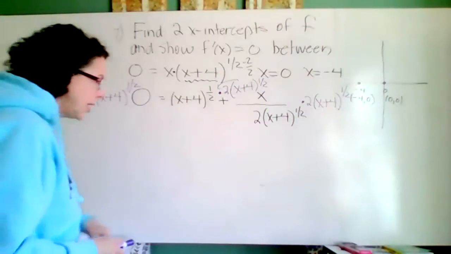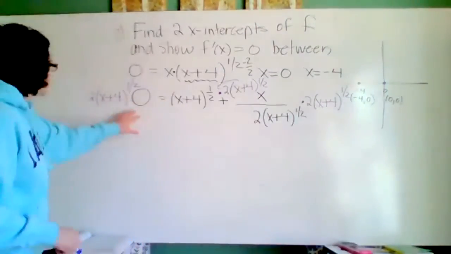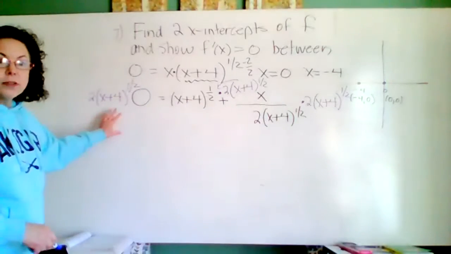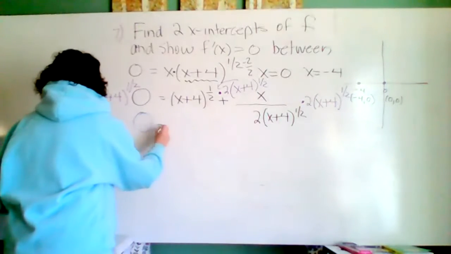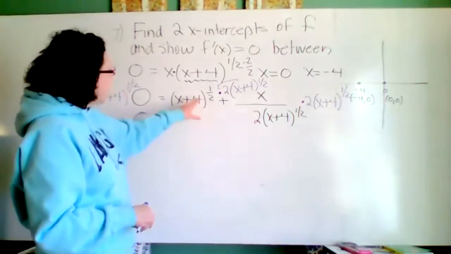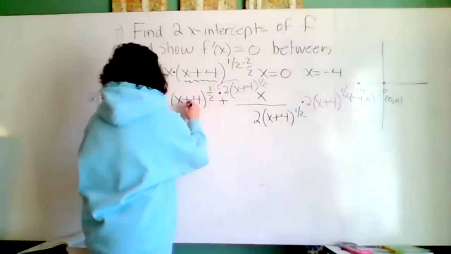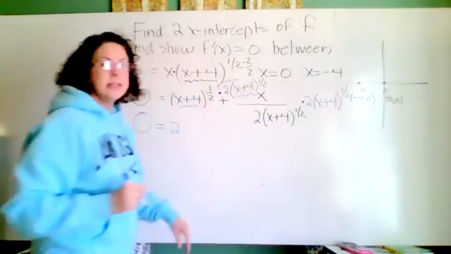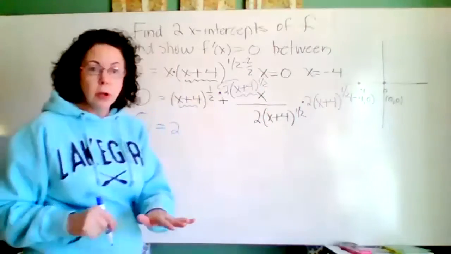Okay, now the reason why this really helps me is when you take a look here, 0 times anything is 0. So that's nice. The left-hand side is still 0, right? Right here, notice that I have a 2 being multiplied. And when bases are the same, these x plus 4s, and they're being multiplied, I add the exponents, and 1/2 plus 1/2 is 1.